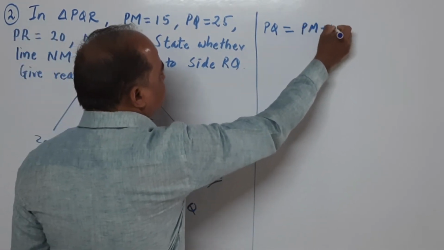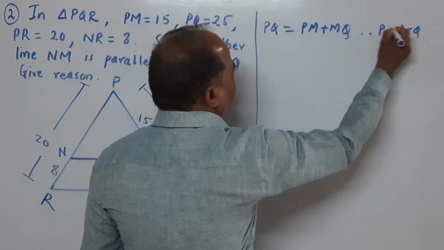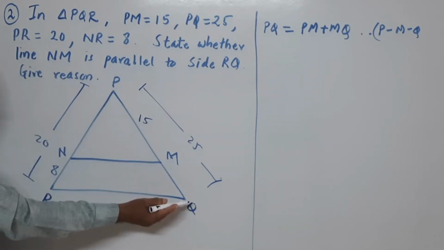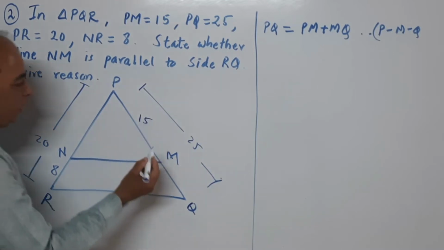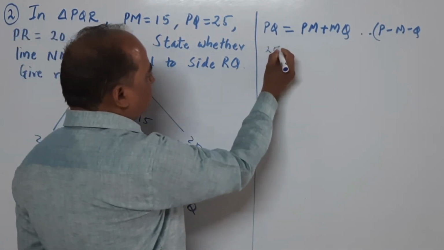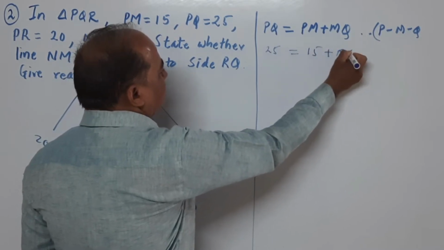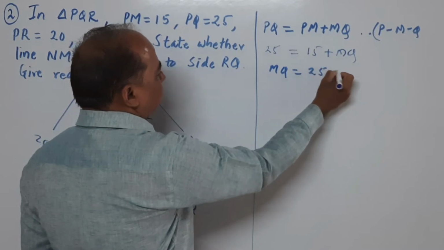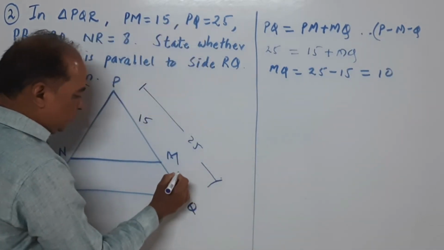PQ is given, PM is given, we have to find NQ. So 25 is equal to 15 plus NQ. So NQ is equal to 25 minus 15, which is equal to 10.